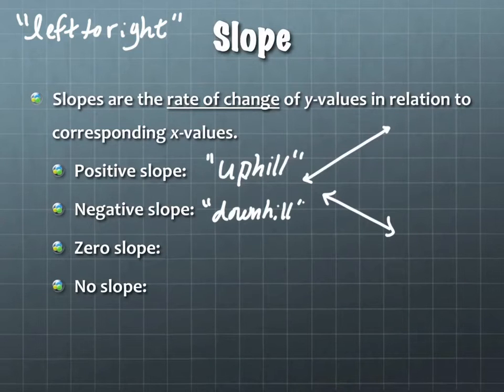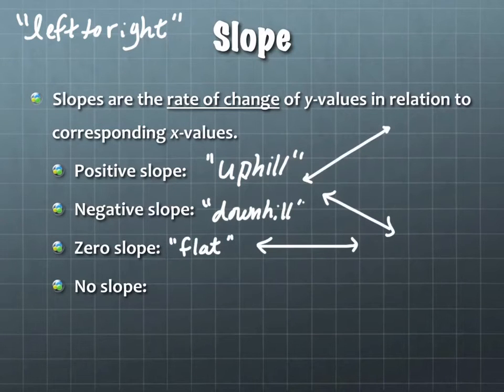Zero slope looks flat. Zero slope is like, I don't know if any of you ever run on treadmills, but it's the zero on the treadmill. Zero incline is zero slope. Okay, there is no incline, it's flat. If you actually have no slope, that's not the same as zero.